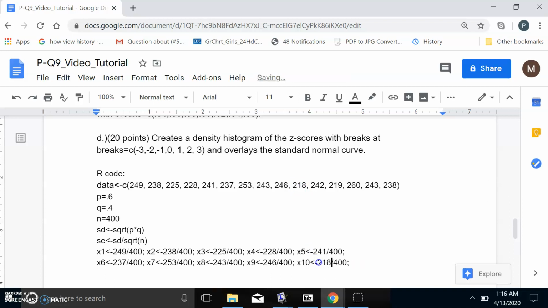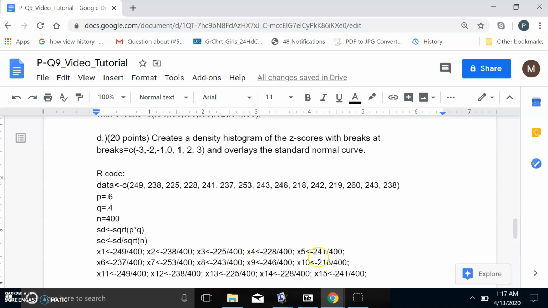Okay, and I have 5 more to go. So let me just paste it again and make changes. So pasting, then it'll be x11, x12, x13, x14, x15. And making the changes here then.